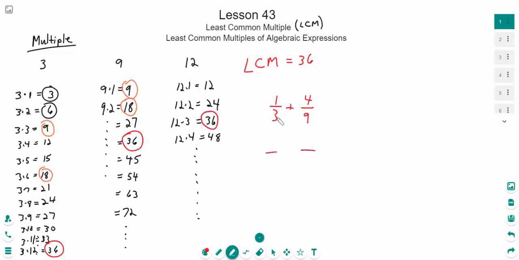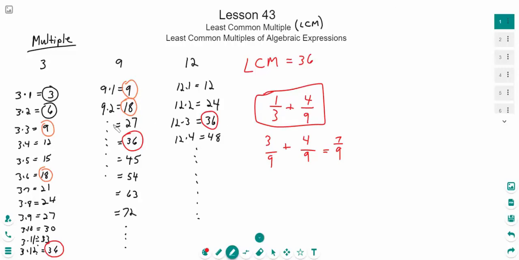In this case, you would recognize that the first number that both 3 and 9 can go into evenly is 9. So you would change the denominator to a 9, and then, of course, you'd have to change the numerator accordingly, and this is how you would end up adding these fractions. You've done this many times. This should just be a review.